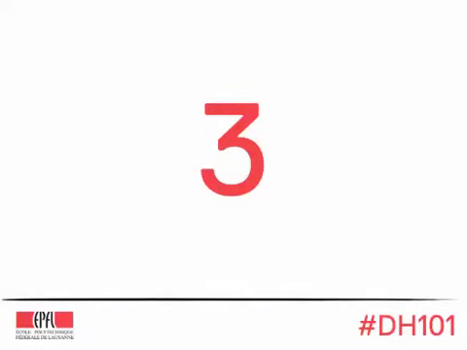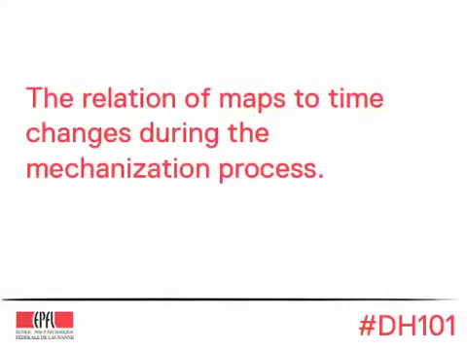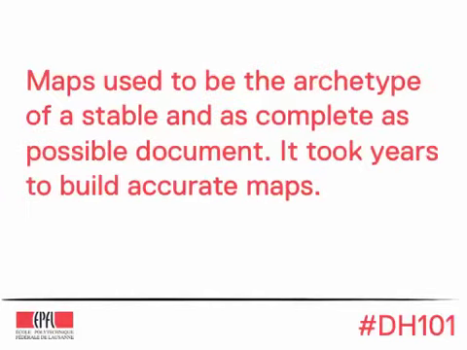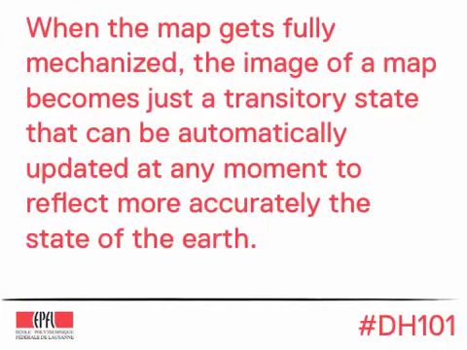Now, if we consider the third observation, you'll see that the relation of maps to time changed during the mechanization process. Maps used to be the archetype of a stable and as complete as possible document. It took years to build accurate maps. But when the map gets fully mechanized, the image of a map becomes just a transitory state that can be automatically updated at any moment to reflect more accurately the state of the Earth.